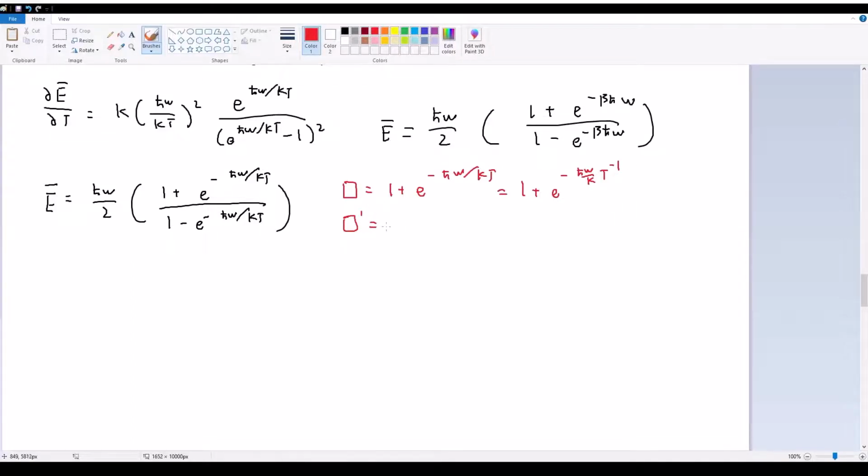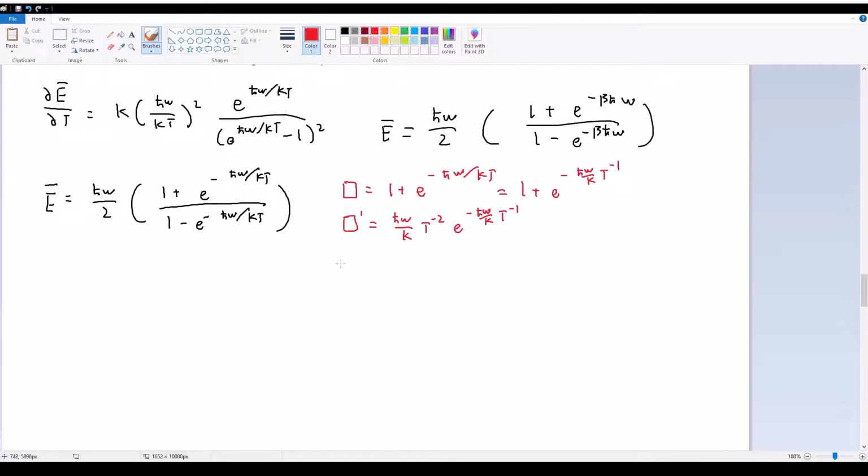So in that case, the derivative is, let's see, h bar omega over k times T to the negative 2nd power times e to the negative h bar omega over k times T to the negative 1st power, I believe. Is that correct? Yeah.